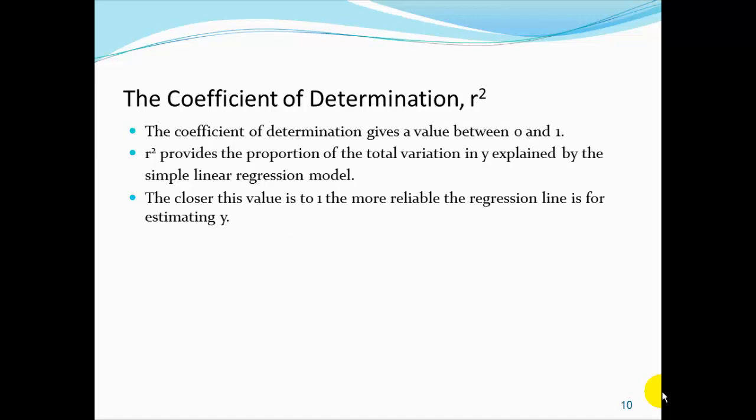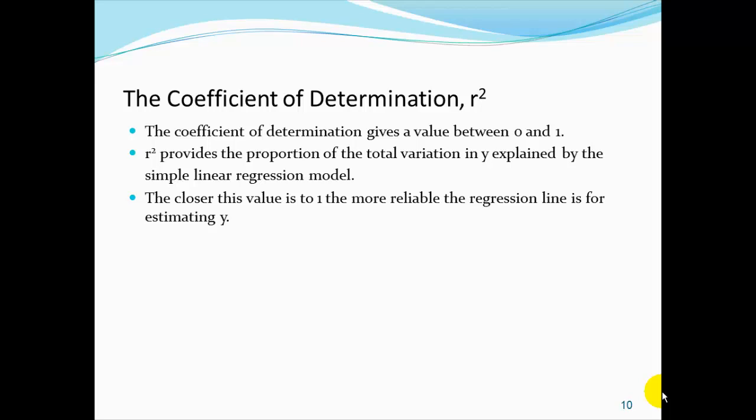First, the coefficient of determination. The coefficient of determination gives a value between 0 and 1. R squared technically provides the proportion of the total variation in y that is explained by the simple linear relationship between your x and your y variables.